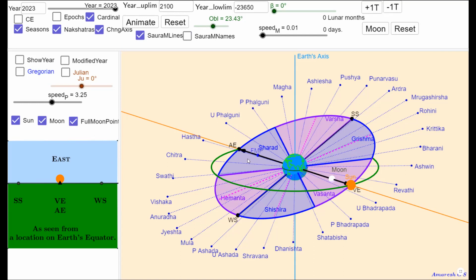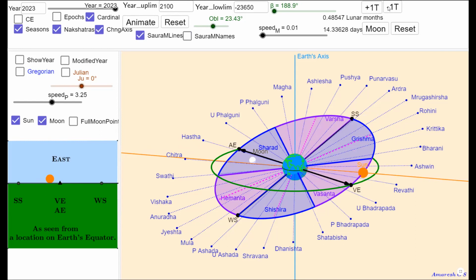For example, right here, exactly 180 degrees opposite. So I'm going to stop the moon when it reaches 180 degrees opposite, like here, somewhere here. It can be this or it can be this, it doesn't matter. So that is the full moon day.